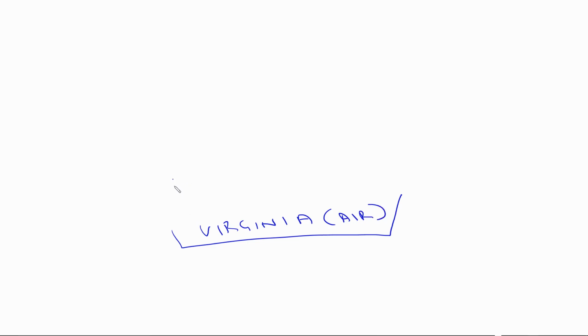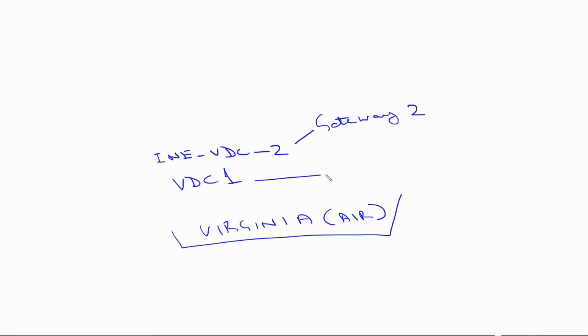I have a virtual data center 1 in there, and then I have the INE virtual data center 2 that's also in there. There is a gateway 2 here, let's say, and there's a gateway 1 here. This has the public IP address 1, and this has the public IP address 2.